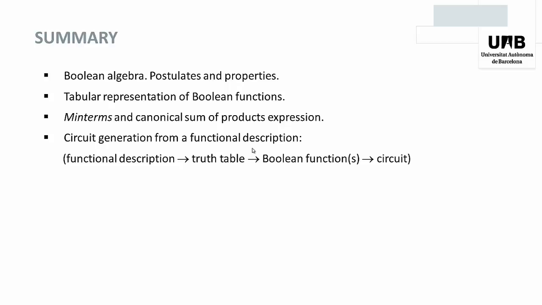We introduced the concept of minterm and of canonical sum of product expression. Finally, we have seen how a circuit can be generated from a functional description. From the functional description, we deduced a table. From the table, a Boolean expression, and from the Boolean expression, a circuit.